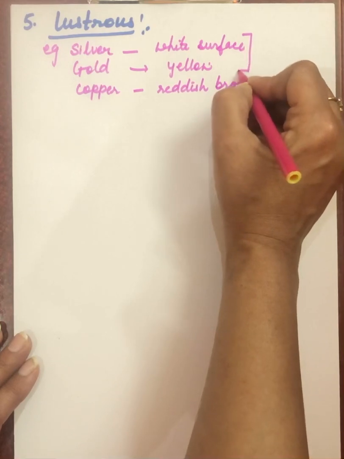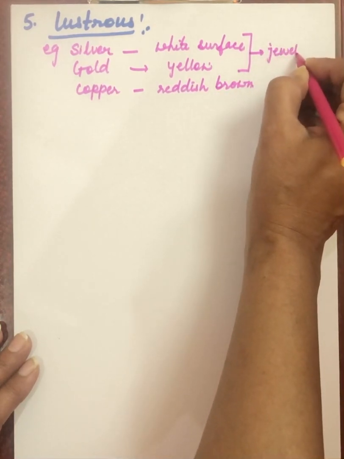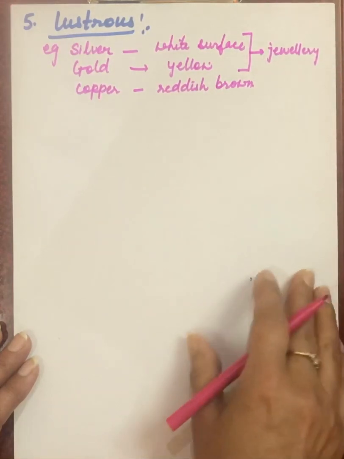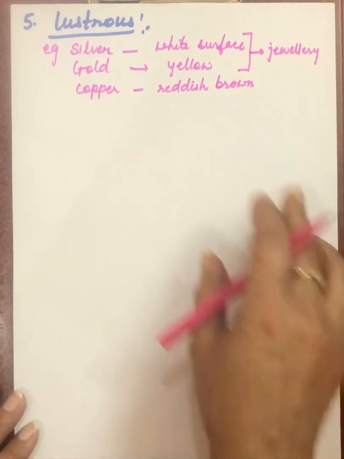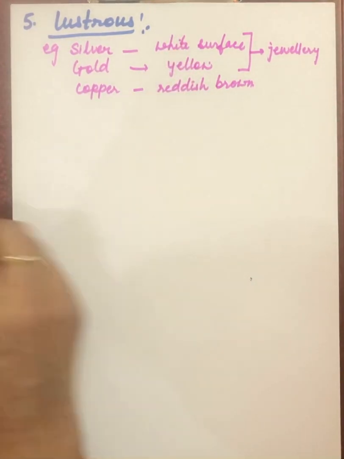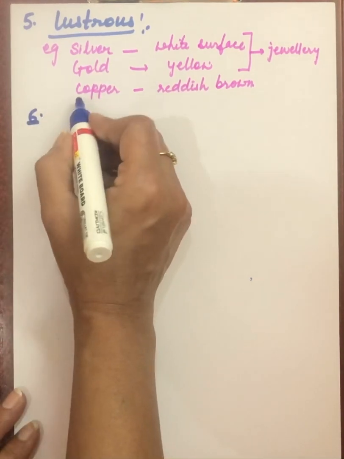Because they have a bright shining surface, that is why these are used in making jewelry. Next property, metals are generally hard.